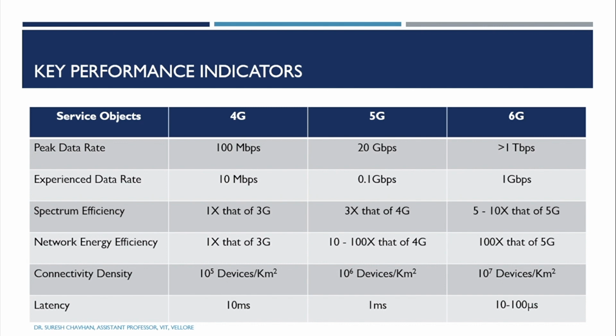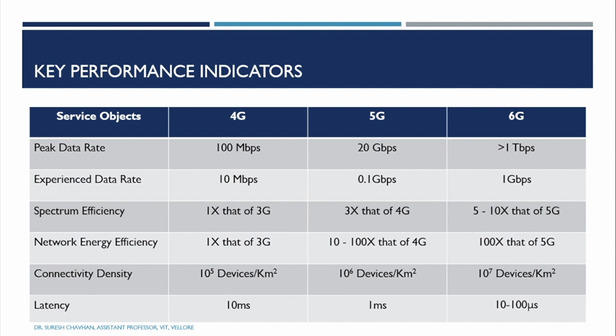And connectivity density means the number of devices we can connect per square kilometer. For 4G it is 10 raised to 5 devices, for 5G it is 10 raised to 6 devices, and for 6G it's 10 raised to 7 devices. And when we think of latency, whenever we send data from A to B, how much extra time it will take.